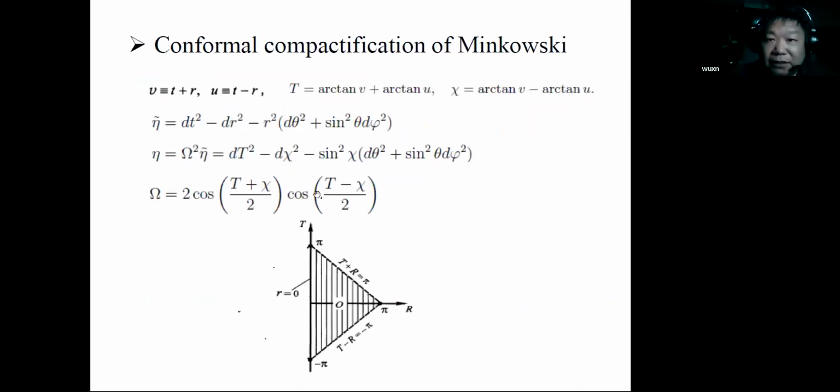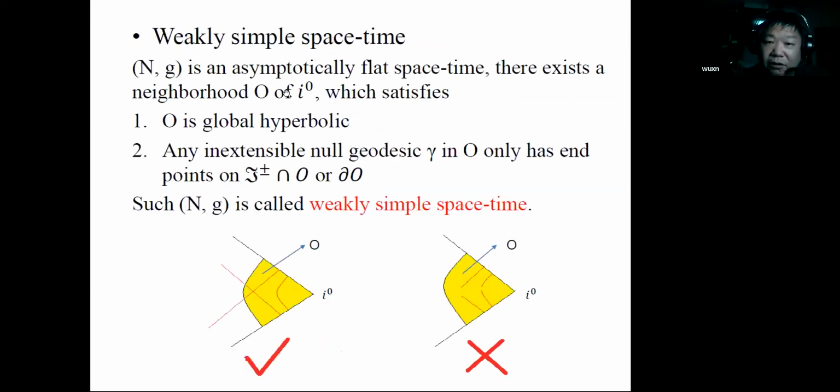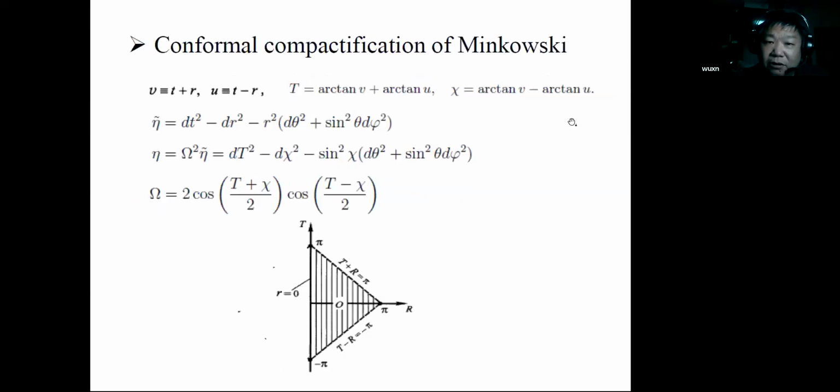So we can see a simple example: the conformal compactification of Minkowski spacetime. You can introduce two null coordinates, define the new coordinates through these relations, and use the conformal transformation to obtain the metric.